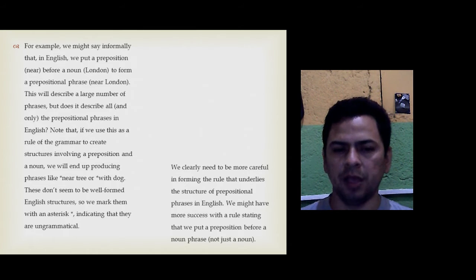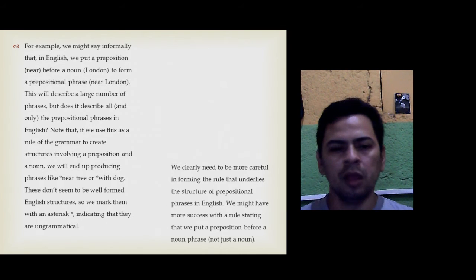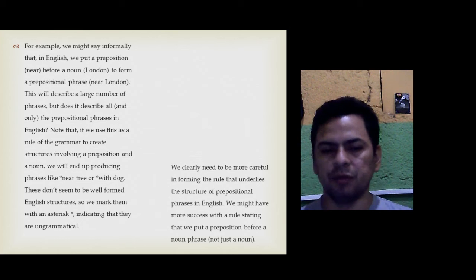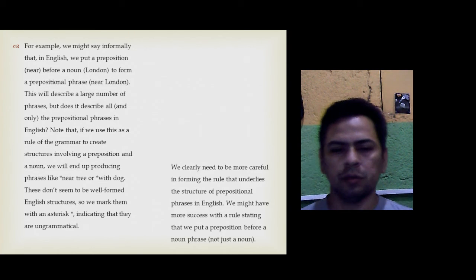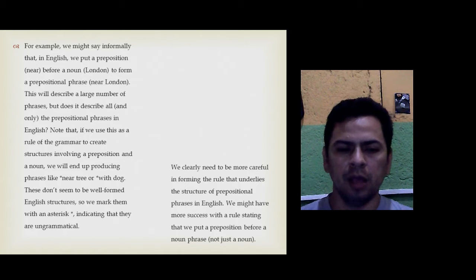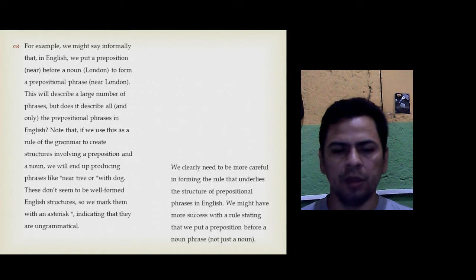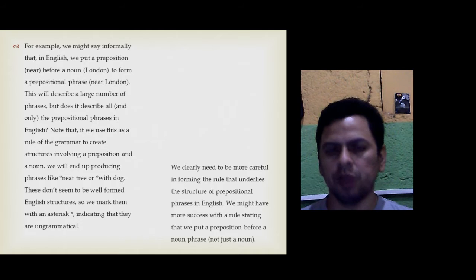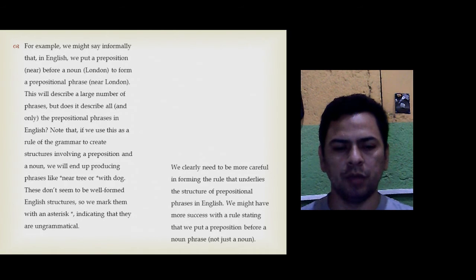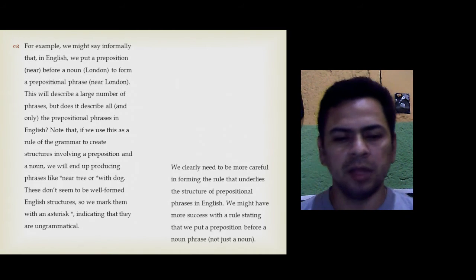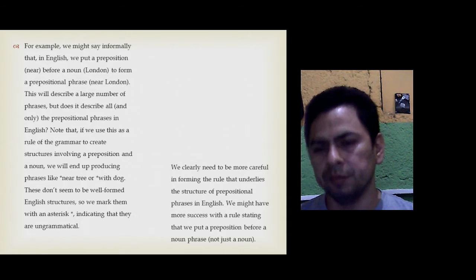Note that if we use this as a rule to create a structure involving a preposition and a noun, we will end up producing phrases like near tree or with dog. These do not seem to be well-formed English structures, so we mark them with an asterisk, indicating that they are ungrammatical.